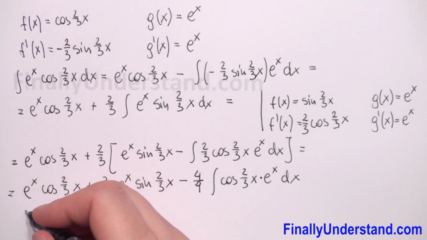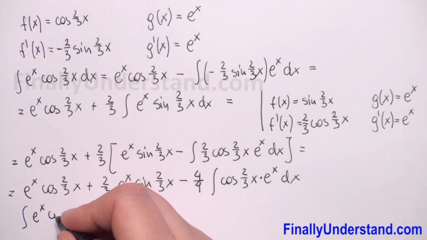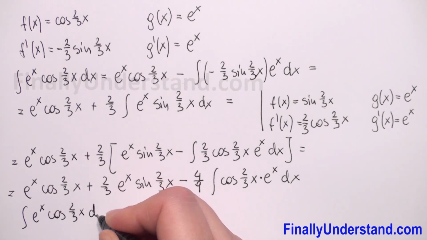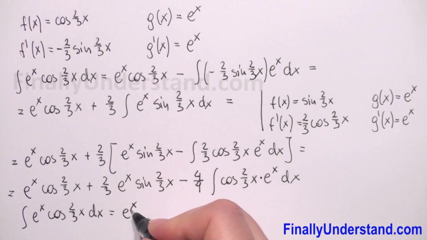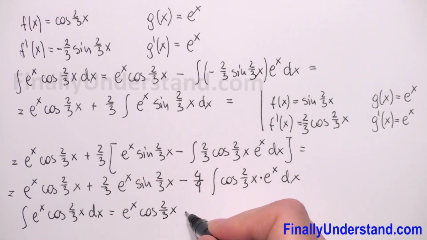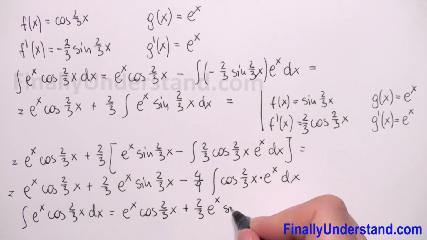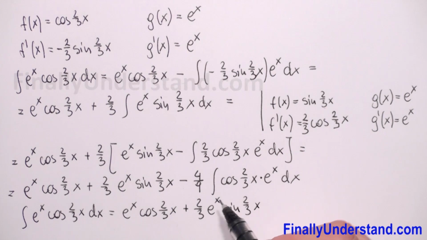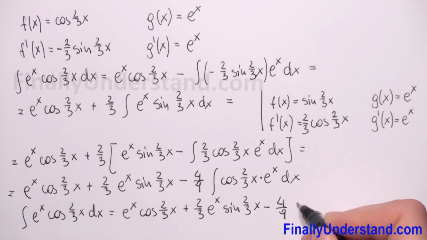We have at the beginning integral of e to power x times cosine of 2 over 3 x dx is equal, we have e to power x cosine of 2 over 3x plus 2 over 3 e to power x sine of 2 over 3 x, and we have minus 4 over 9 integral.